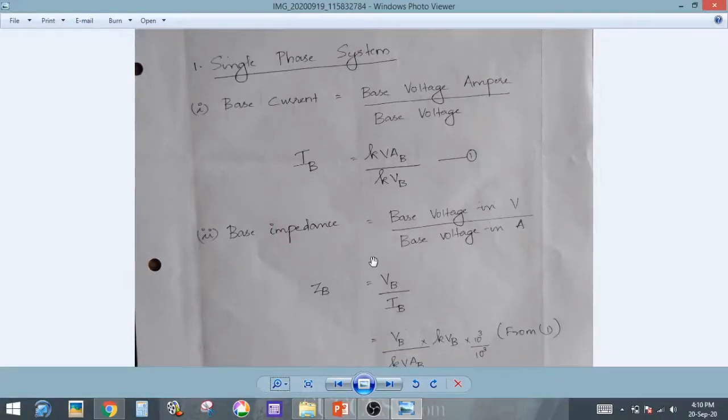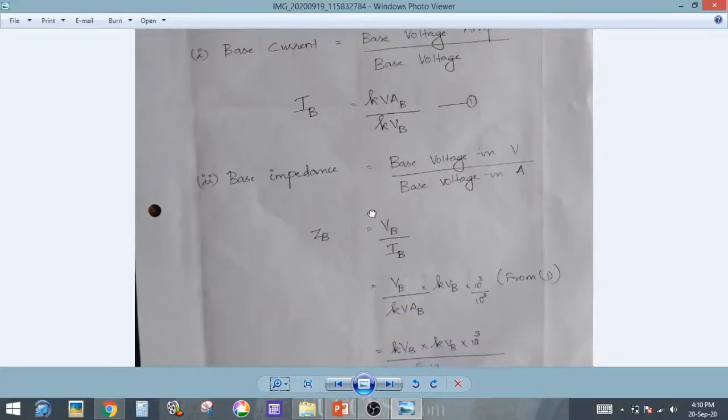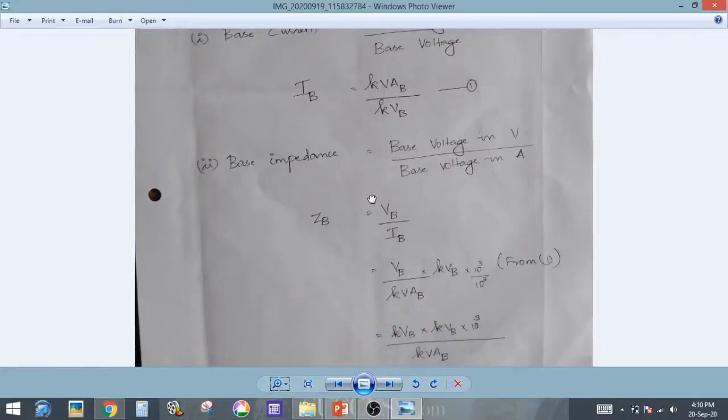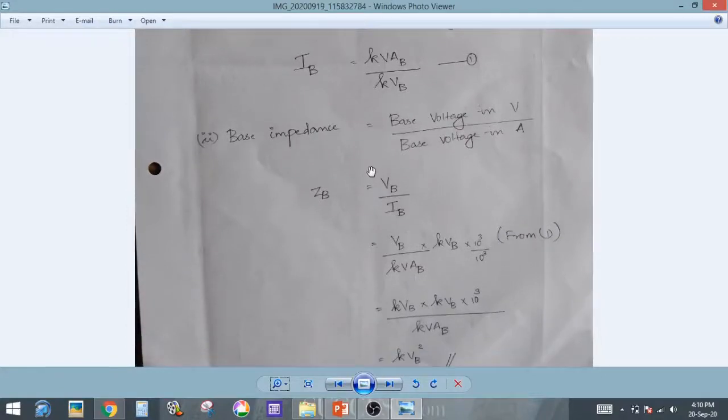Base current I suffix B equals base volt ampere, here taken as kVAB, kilovolt ampere base, divided by base voltage, base kV, which is represented as kV suffix B. Then base impedance equals base voltage in volt divided by base current in ampere, that is ZB equals VB by IB.